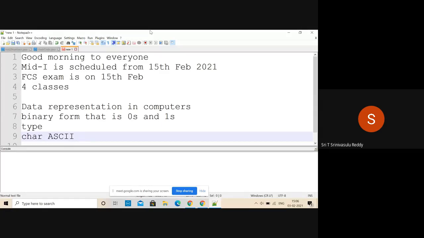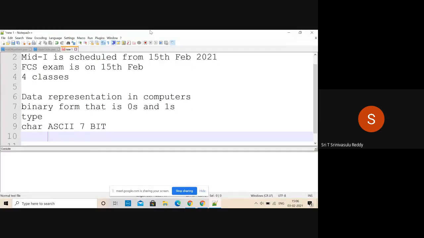ASCII stands for American Standard Code for Information Interchange. It's basically a 7-bit kind of thing. So ASCII is a 7-bit version. The same characters were later modified, and that is called extended ASCII, which uses 8 bits.